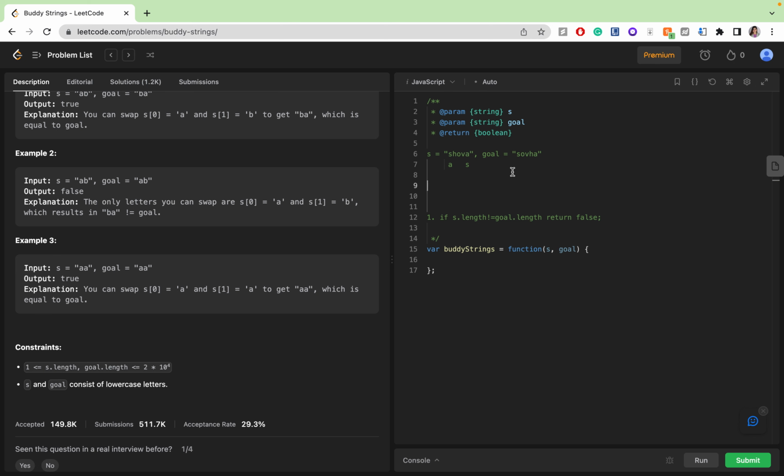Now if I am looking at s, it's fine, but h is not in its position, so I will search for the position of h. When I search, I find h at this position.